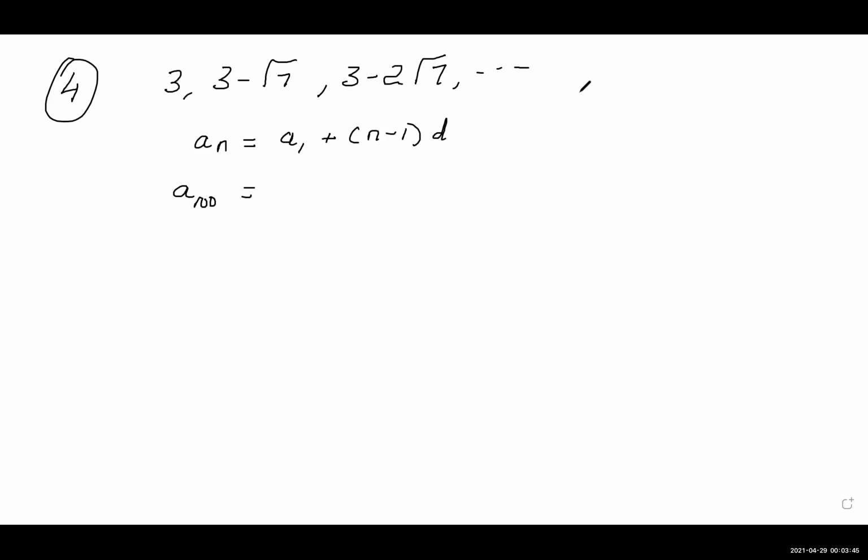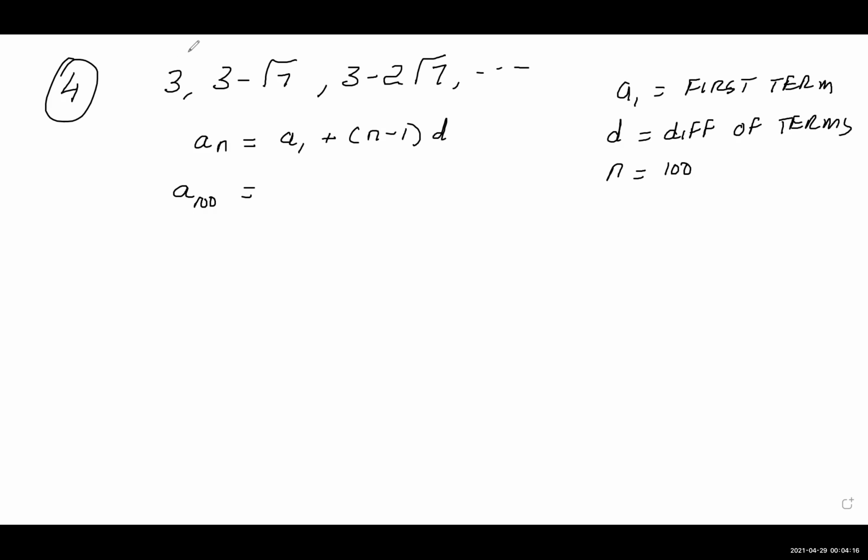Okay, so a1 is your first term. d, which you see here, is the difference of terms. And n, whatever they ask you, whether it's the 100th term or the 50th term, that will give you the n value.